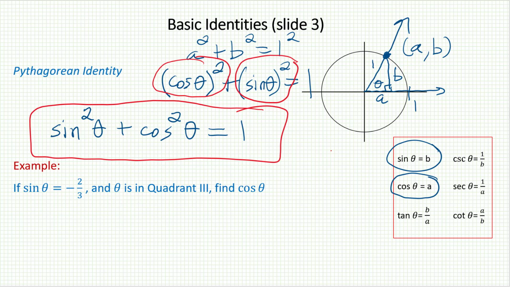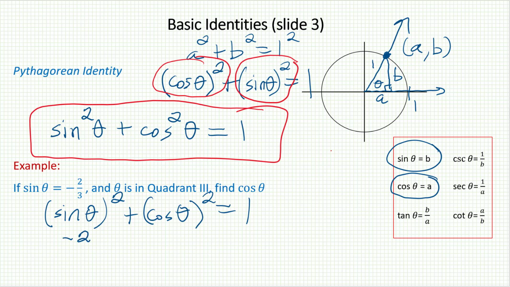Be very, very careful. You might want to, while you're learning this, write out the Pythagorean identity with the parentheses. This is what sine squared theta and cosine squared theta actually mean, and you might find that helpful as you're doing your work. When I fill in sine theta, I'll fill negative 2/3 in that parentheses.